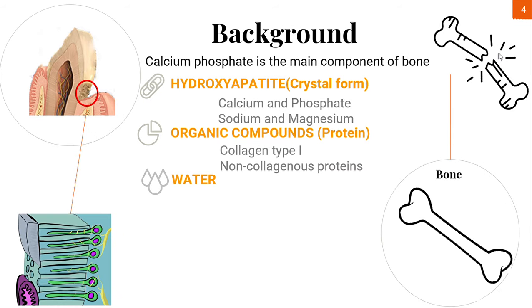In the human body, most calcium phosphates exist as a compound named hydroxyapatite, which is the product of the reaction between calcium and phosphate and can be described as a specific restored form of a mineral.